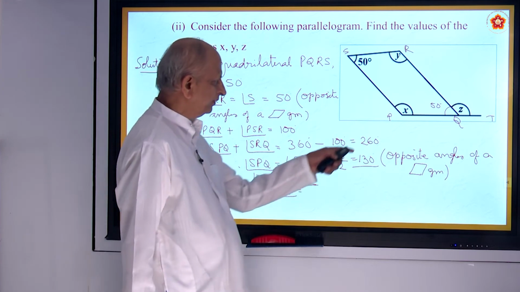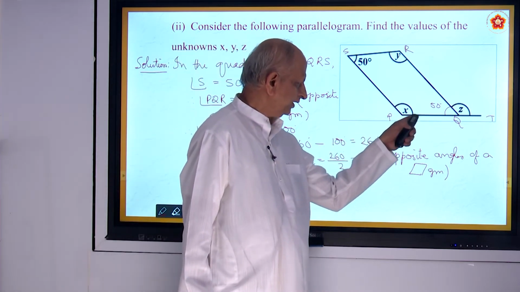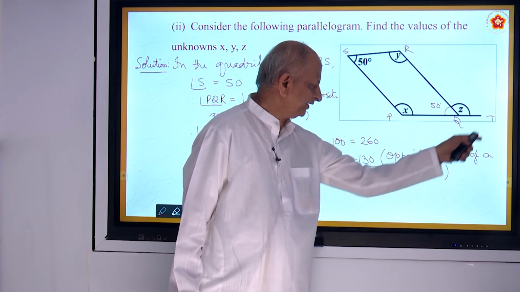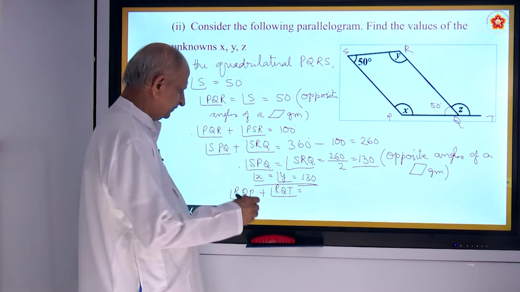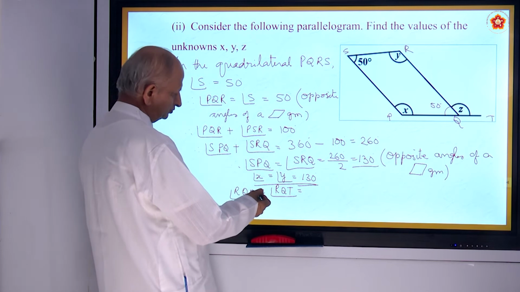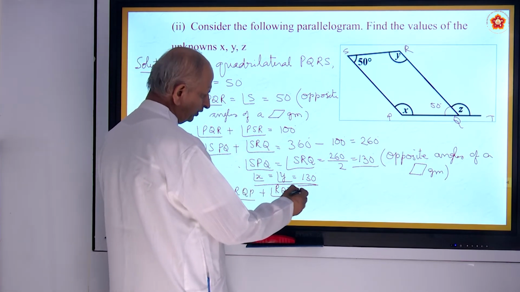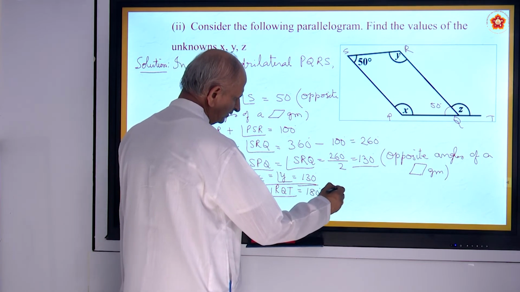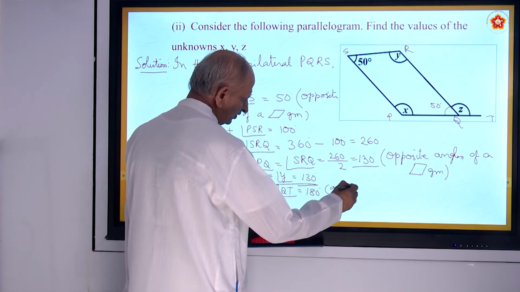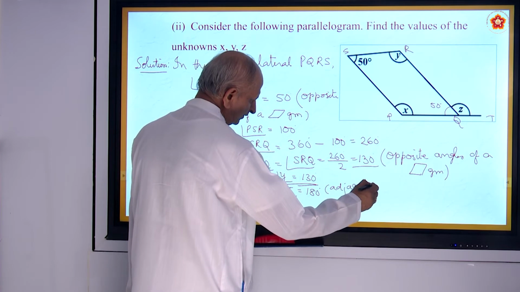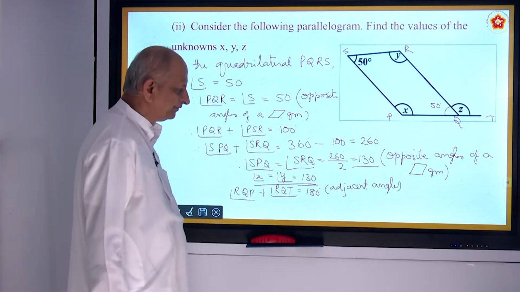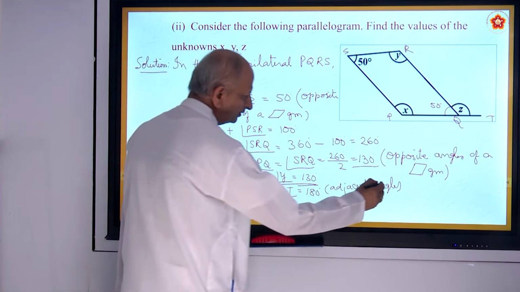T is a point on the extended line, PQ when it is extended to a point called T, just for calculation purpose, that is all. So, RQP plus RQT is 180 degrees. Why? They are called adjacent angles. We have studied in lower classes. When a line stands on another line, the sum of the adjacent angles will be 180 degrees.